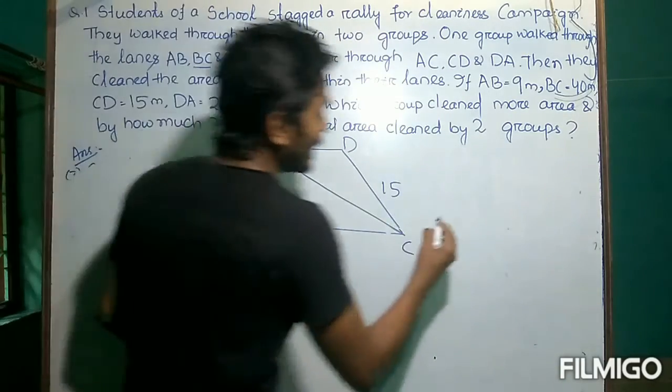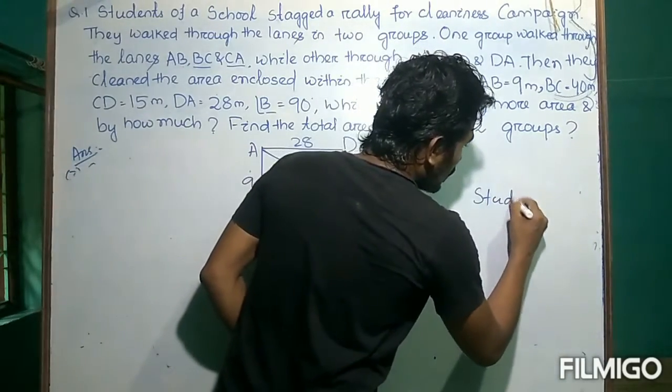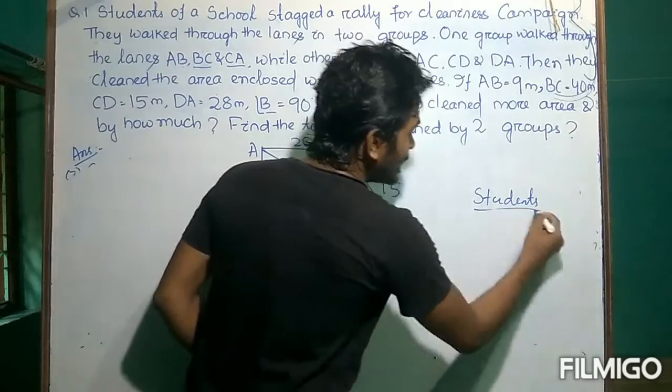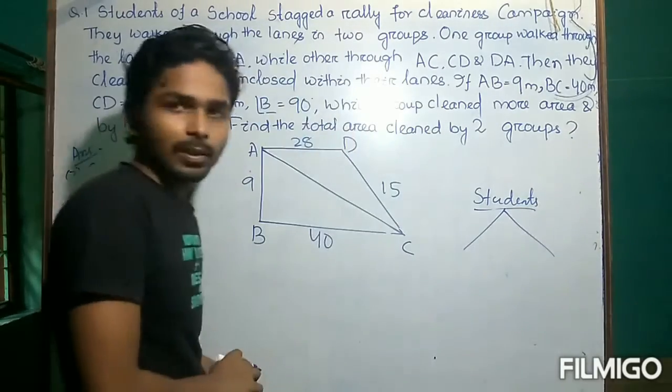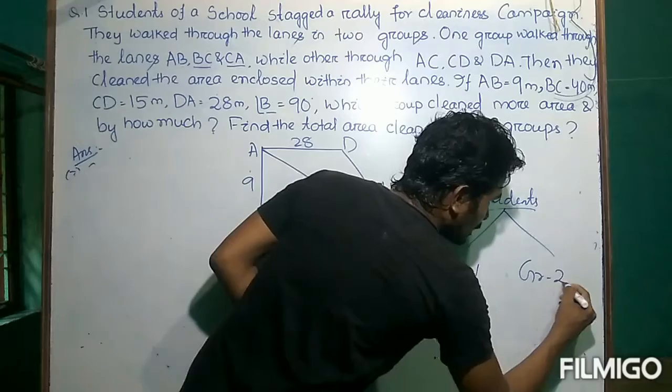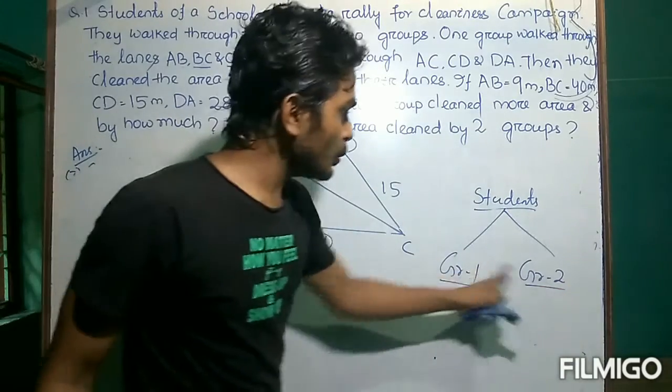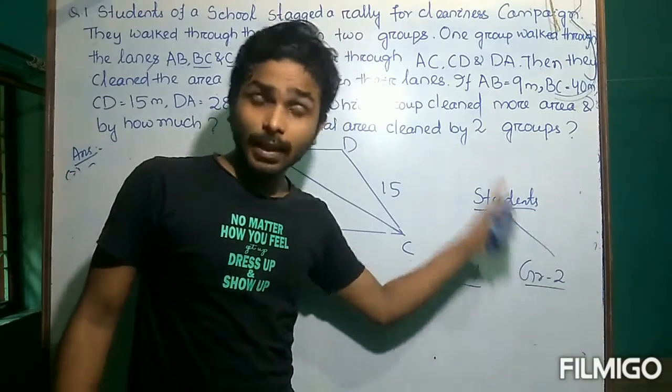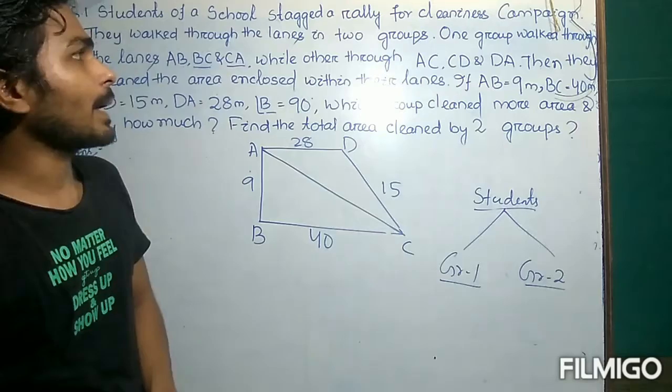It means all the students of the school are divided into 2 groups, group 1 and group 2, and these 2 groups started a rally for cleanliness campaign.